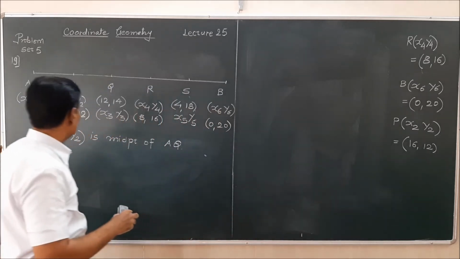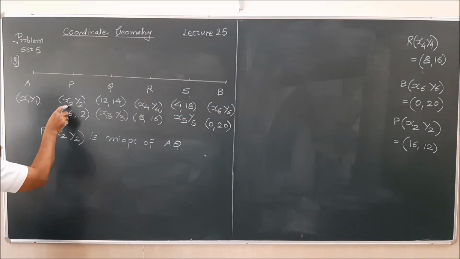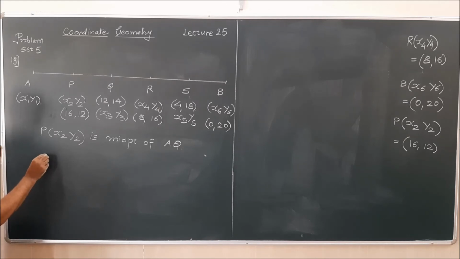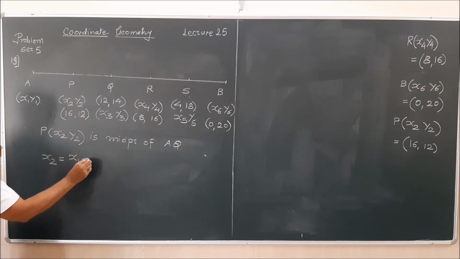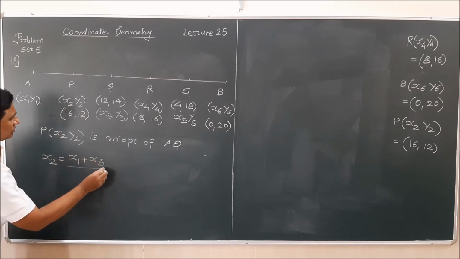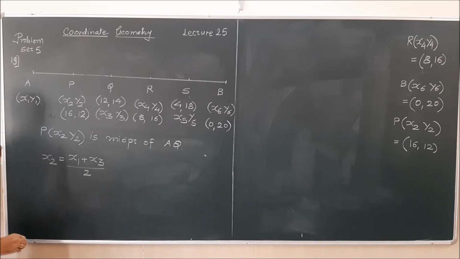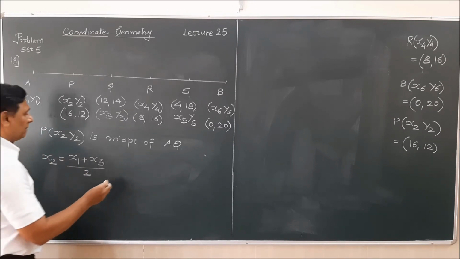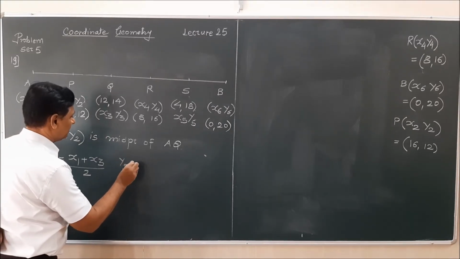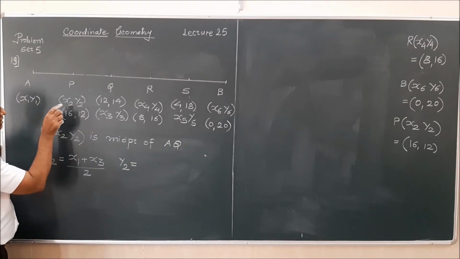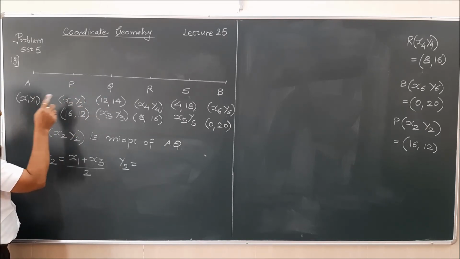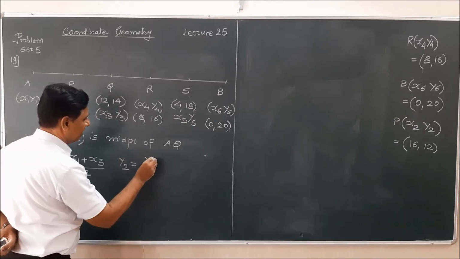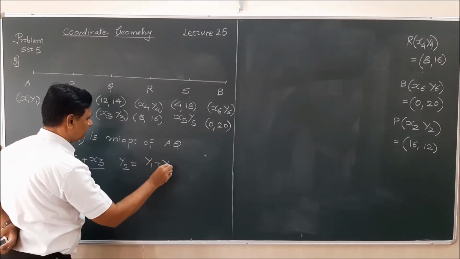So x2 is equal to x1 plus x3 upon 2, and y2 is equal to y1 plus y3 upon 2.